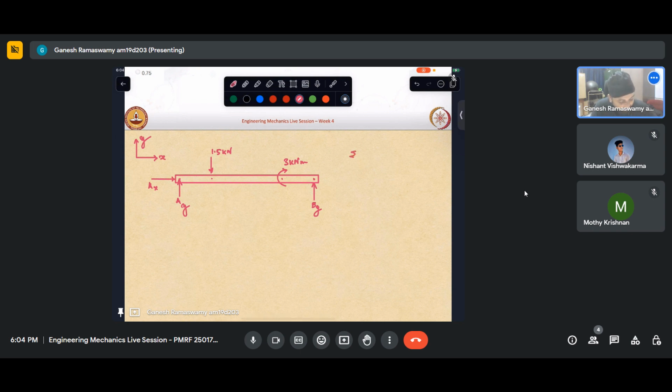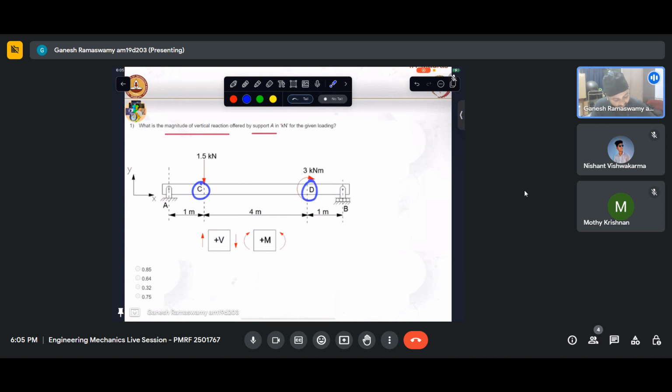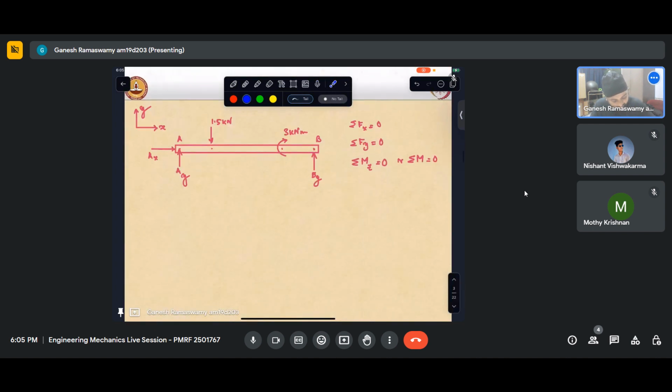In the XY plane, I have three equilibrium equations: sigma Fx equals 0, sigma Fy equals 0, and sigma M about the z-axis equals 0. Mostly we will drop that subscript and denote it with the alphabet of the point about which we are taking moments. I have these points as A, B, and C and D marked here.